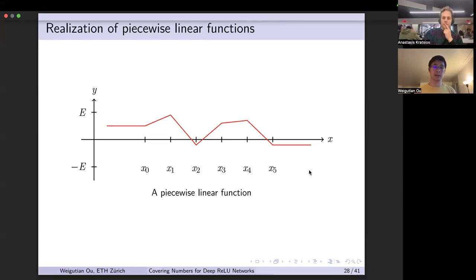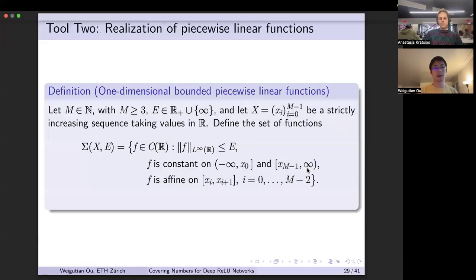And x0 until x5 are called the breakpoints of the piecewise linear function because the slope of the function can only change there. Here we have to impose one more constraint, that the function has to be constant in the intervals from -infinity to x0 and from x5 to infinity. I mean, just for technical reasons, for convenience.